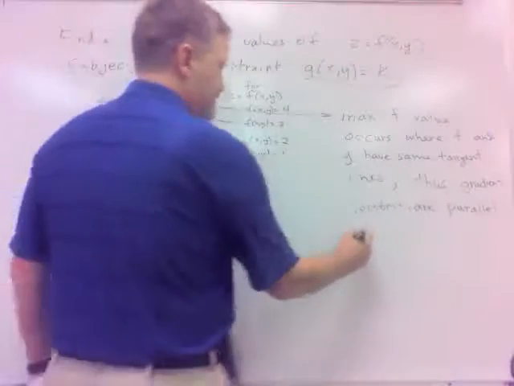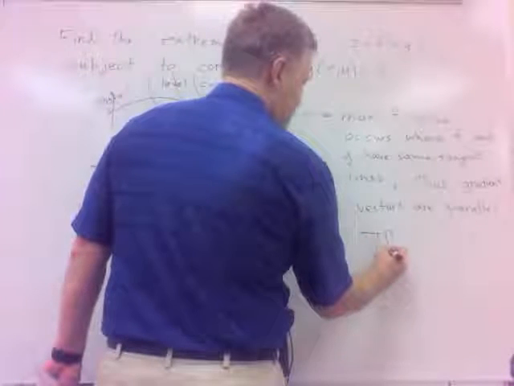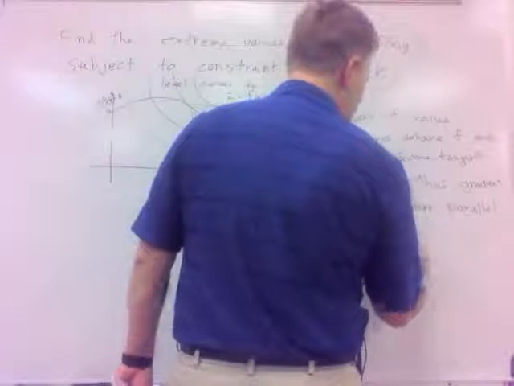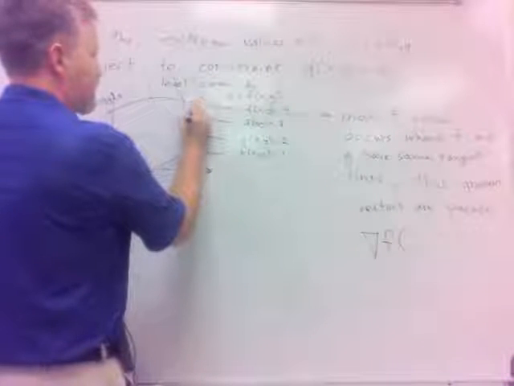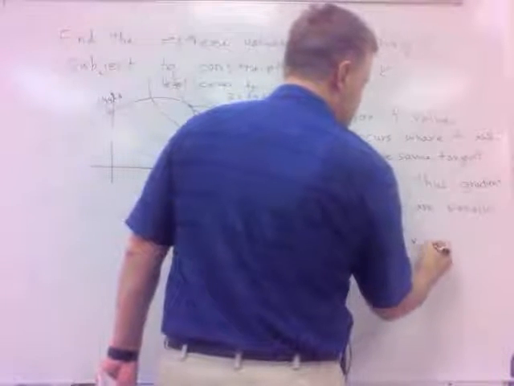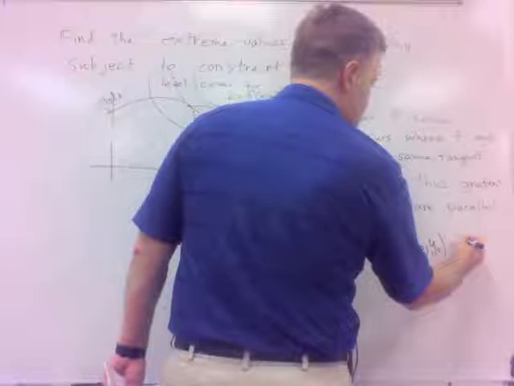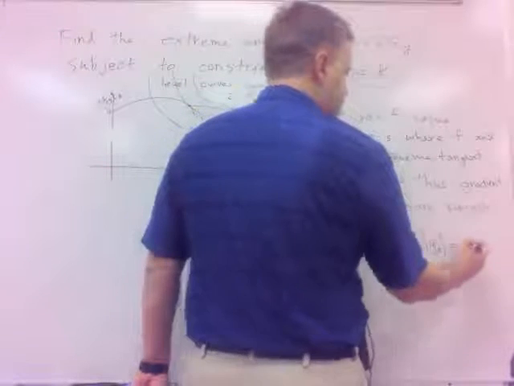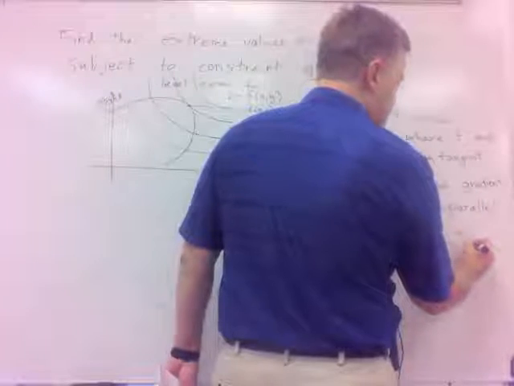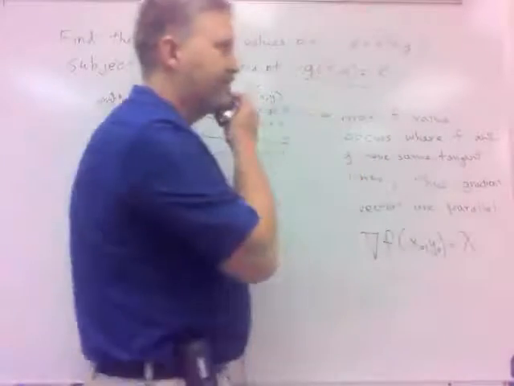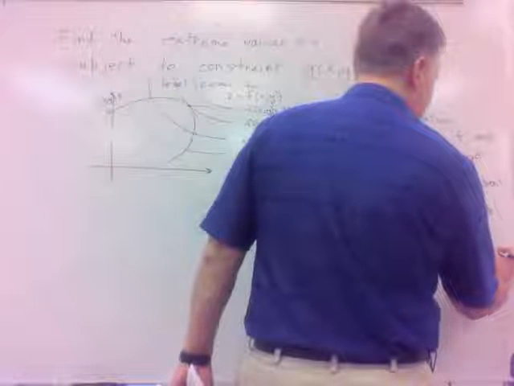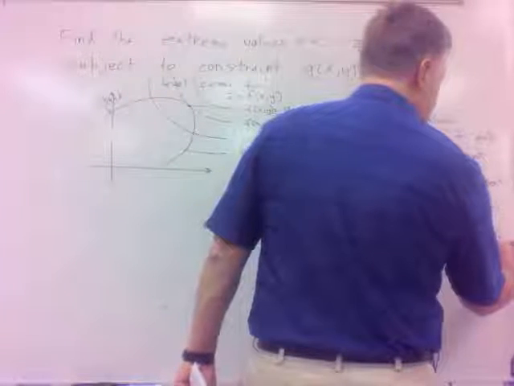So in other words, the gradient of F at that particular x naught, y naught equals some constant, and we're going to use the Greek letter lambda, times the gradient vector of G at x naught, y naught.